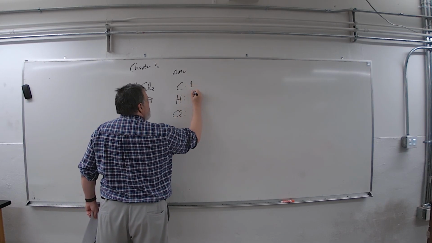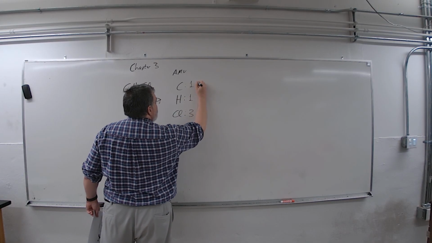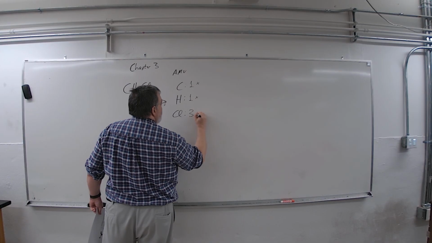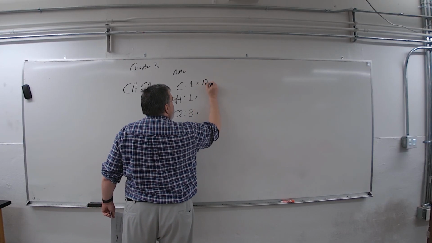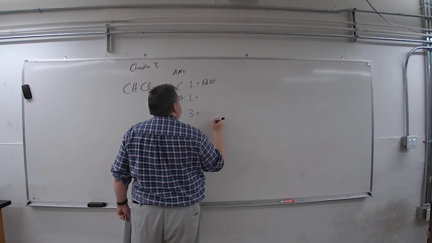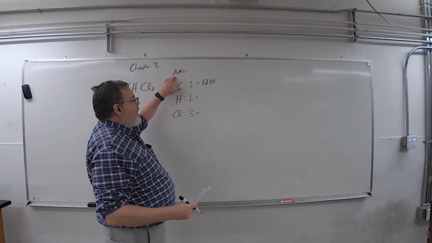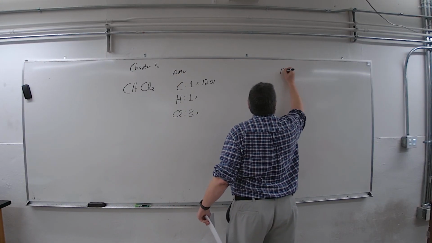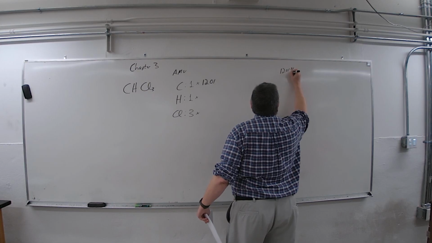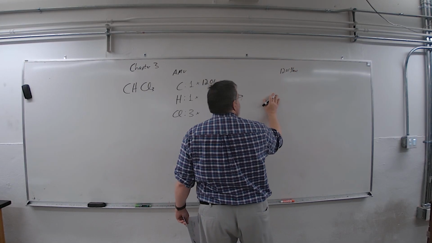There's 1 carbon, 1 hydrogen, 3 Cls, multiply that. Look at carbon and you'll see 12.01. So 1 carbon weighs 12.01 atomic mass units. It also means 1 carbon is 12.01 grams per mole. It literally means both those things simultaneously.